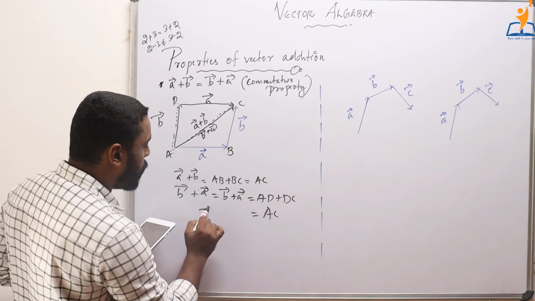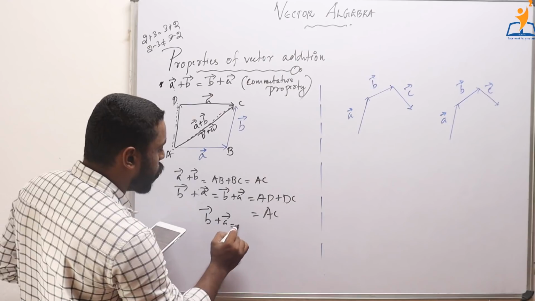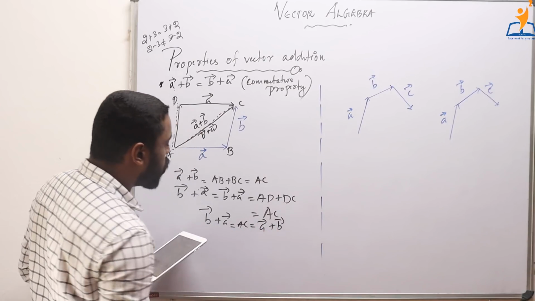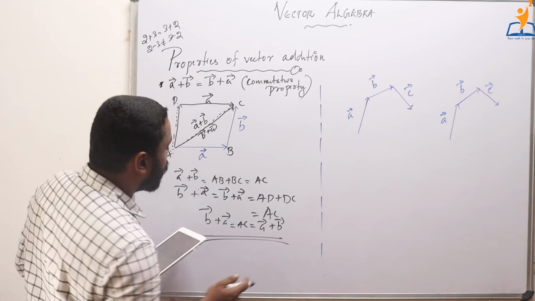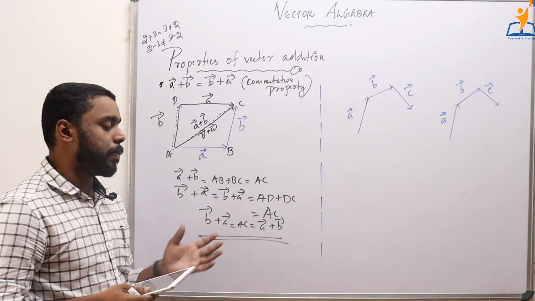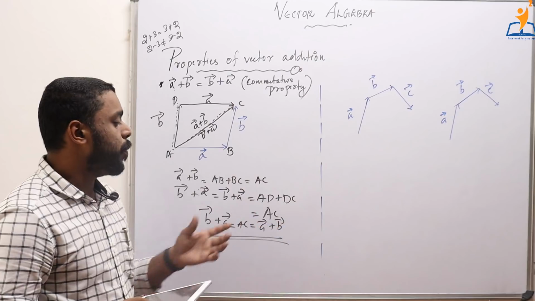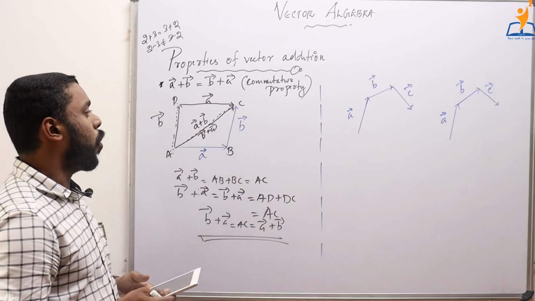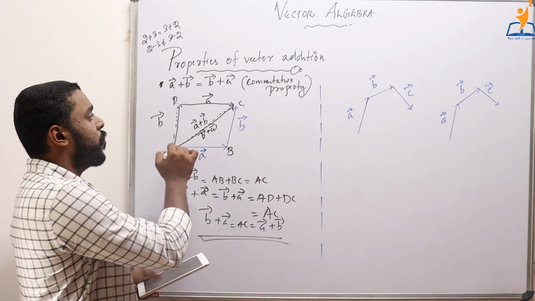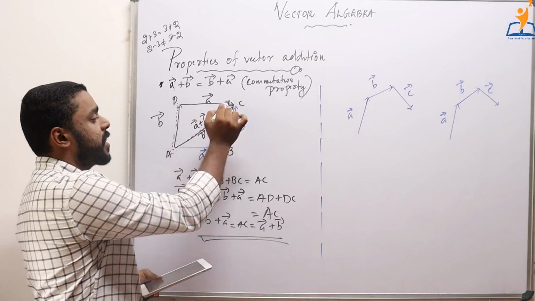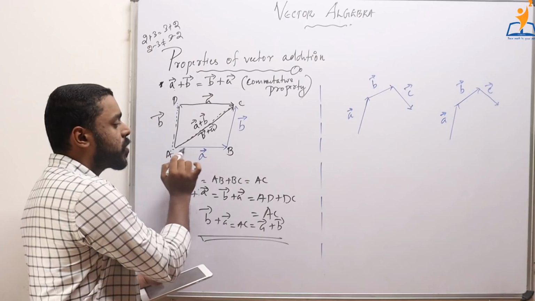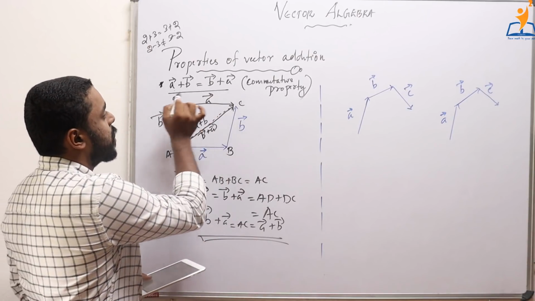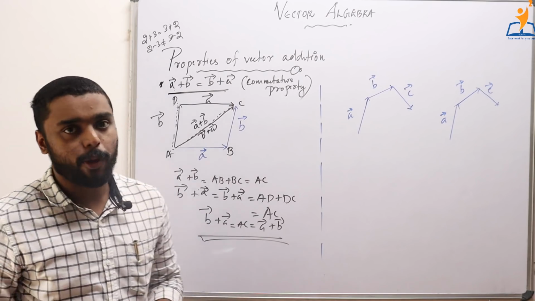It is always true that vector B plus A is equal to vector A plus B. So the commutative property always holds. Vector B plus vector A is this line, and vector A plus vector B is also the same line. So we can say that this follows the commutative property.